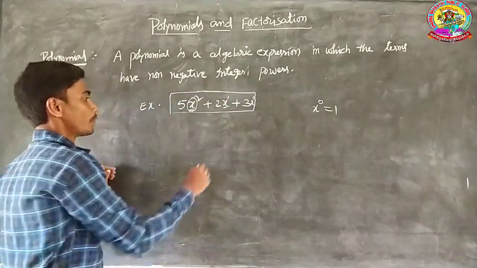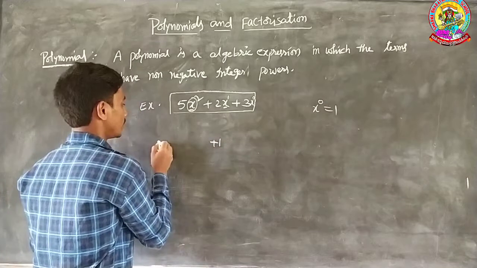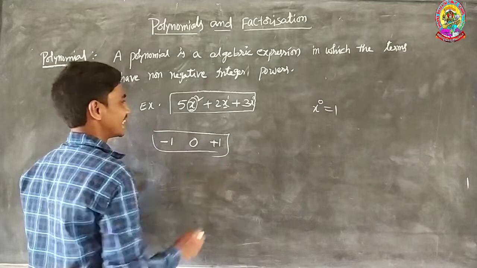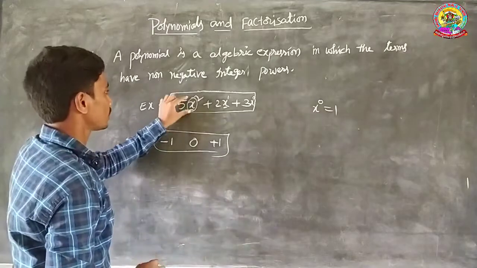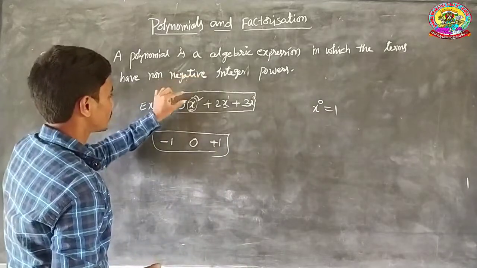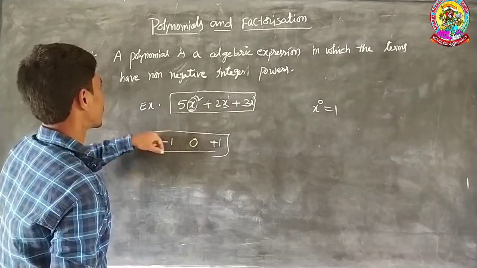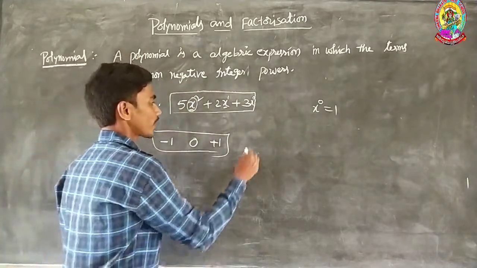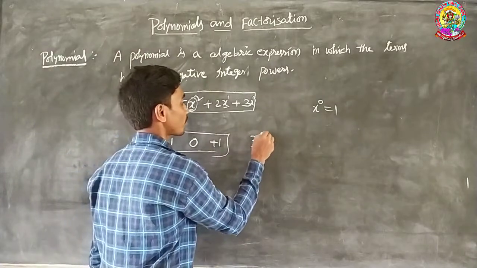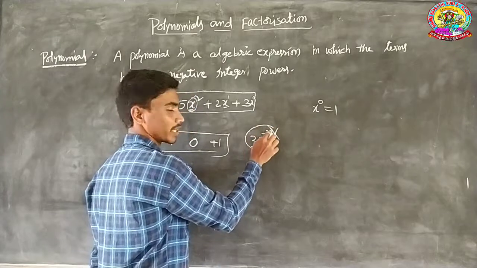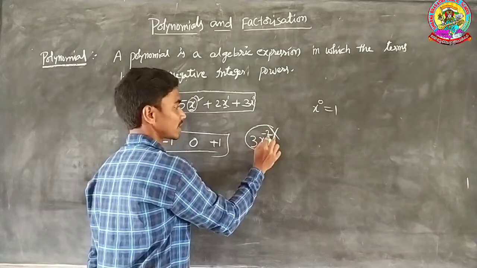Already you know positive numbers, negative numbers including 0 are called integers. Here the power must be a non-negative integer, otherwise it is not a polynomial. For example, 3x power minus 2 is not a polynomial because the power is minus 2, a negative integer.